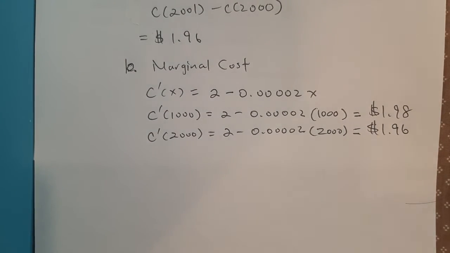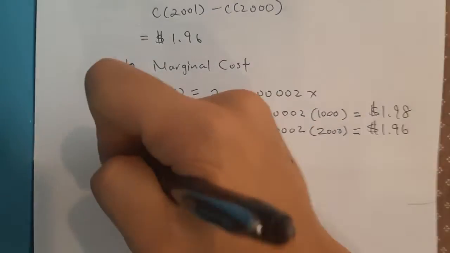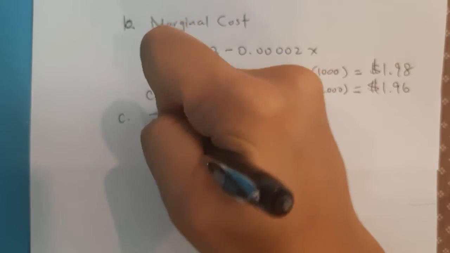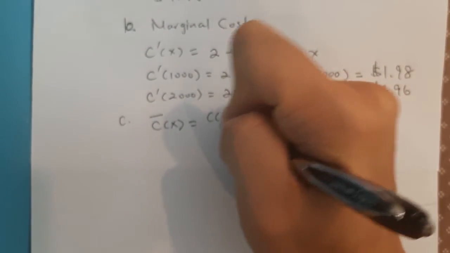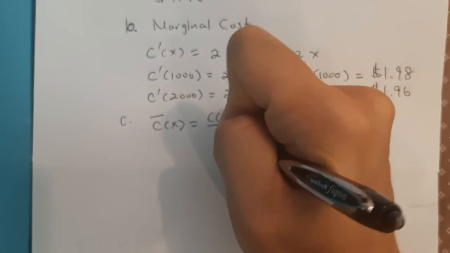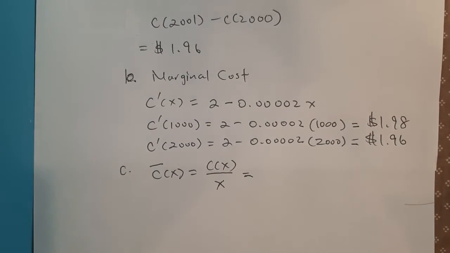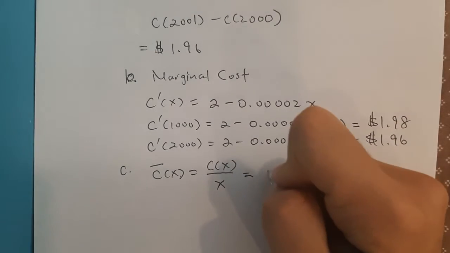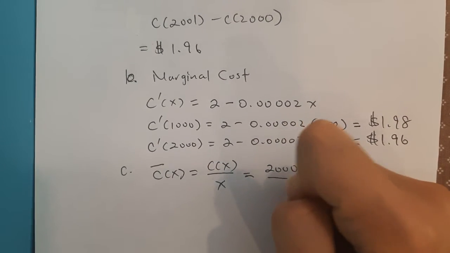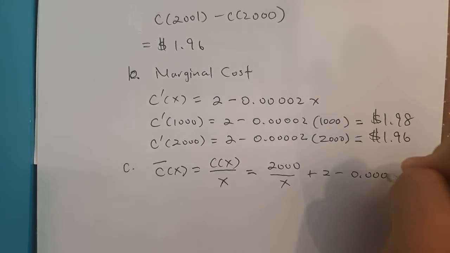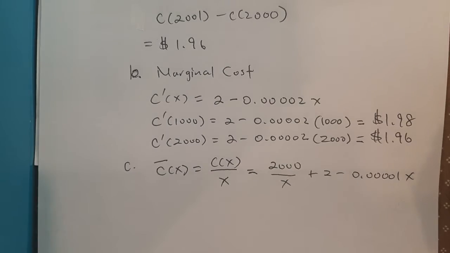Letter C is to find the average cost function. So we need to take C bar of x = C(x) divided by x. So if we divide by x, then we get 2,000/x + 2 - 0.00001x.